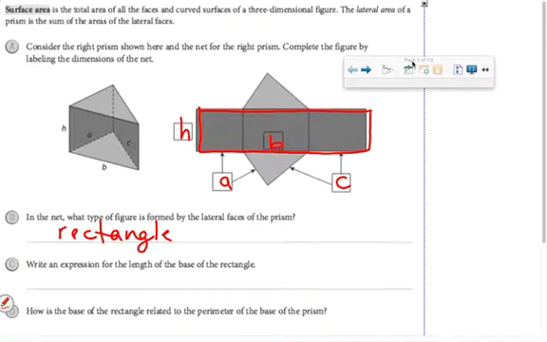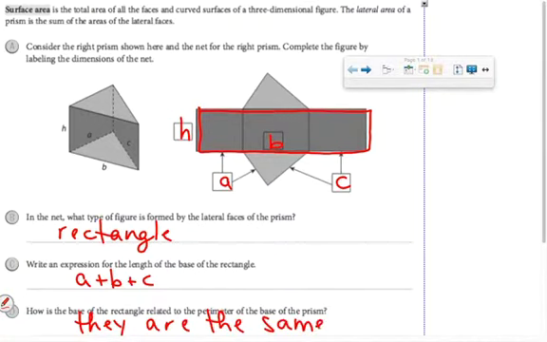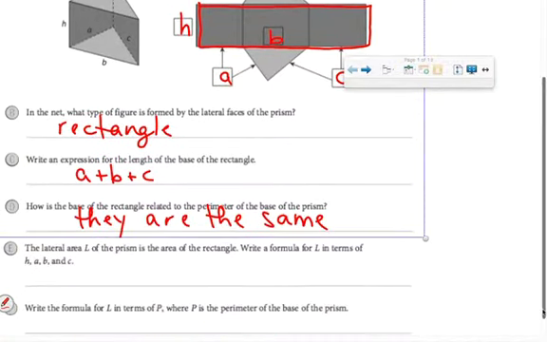Write an expression for the length of the base of that rectangle. That would be A plus B plus C. How is the base of the rectangle related to the perimeter of the base of the prism? They are the same. So the lateral area L is the area of that rectangle.